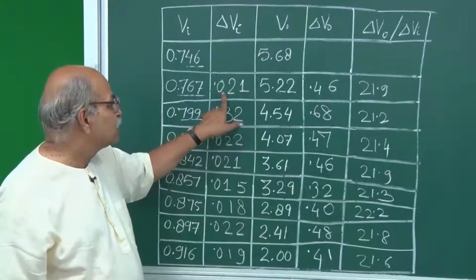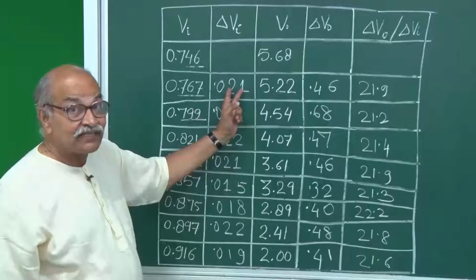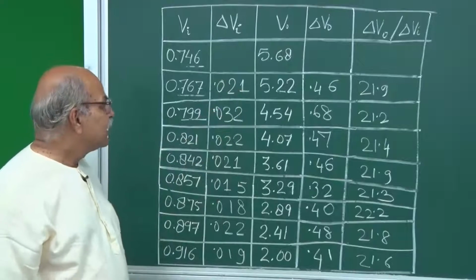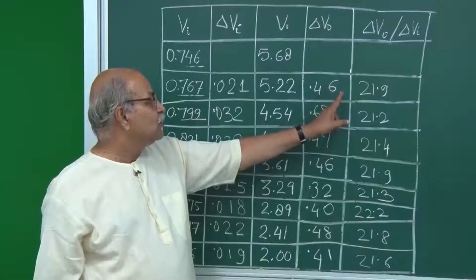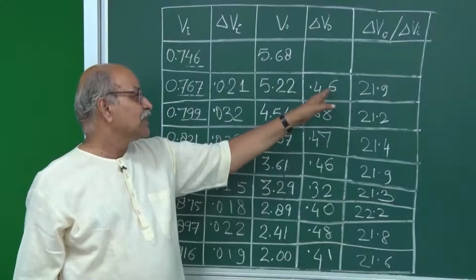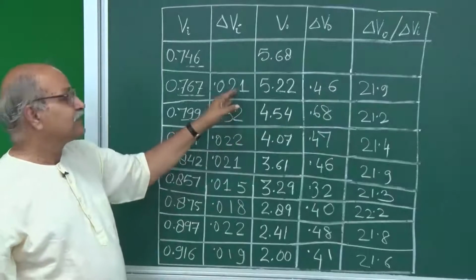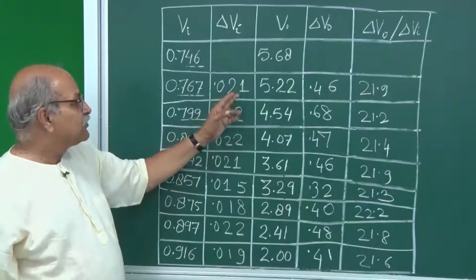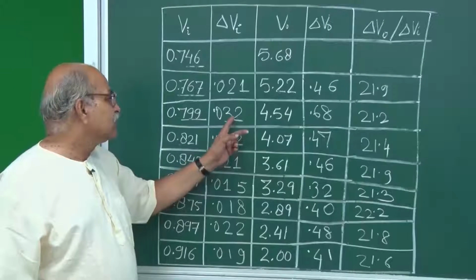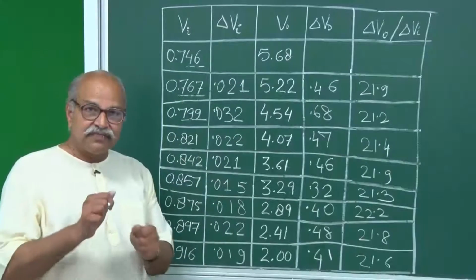If the error is 0.002, that means error is 2 in 21, which is 10%. So there could be a 10% error here. Similarly there can be an error of 0.02 here, but that error will be small because it is in 0.46. But here that error can be very large. For example, in this it could be up to 10%. Here it will be less, it is 2 in 32, so about 6%, and so on. So there is error involved because of this.